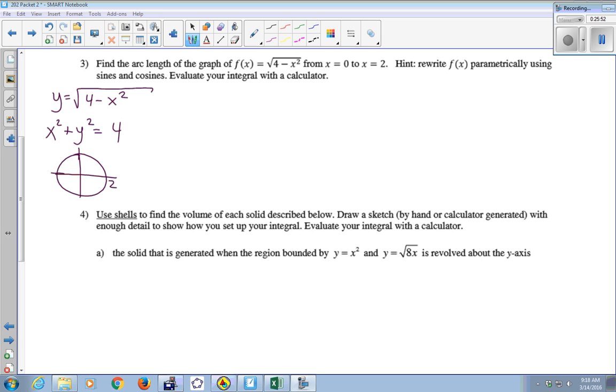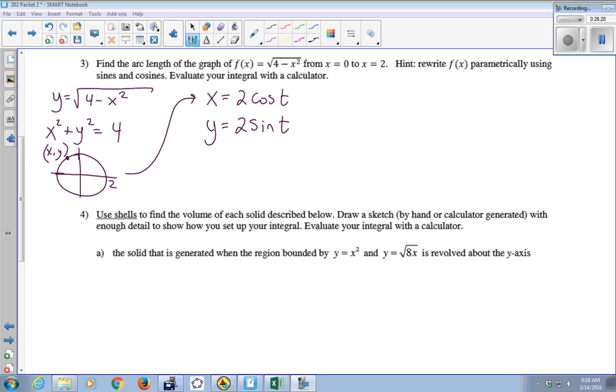You use t. Okay, so when I define this parametrically, I would say, well, the x coordinate of any point on this circle, just pick a random point, right? The x coordinate of that point is going to be 2 cosine t, where t is your angle, right? And the y coordinate of that point would be 2 sine t.